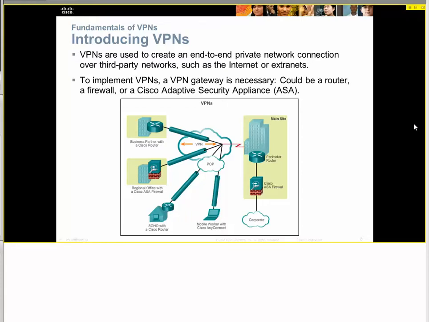To implement a site-to-site VPN, obviously you need special technologies. Now Cisco would like you to use, for site-to-site, a type of perimeter defense system, either an ASA firewall or a router. And then your business partners will have either a matching router, or you'll have a matching firewall, or your home or remote users will have the appropriate client software on their computers.